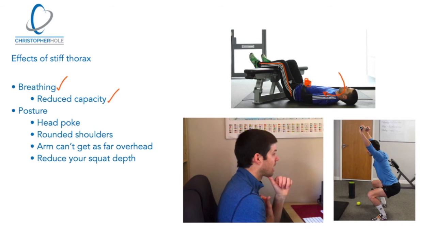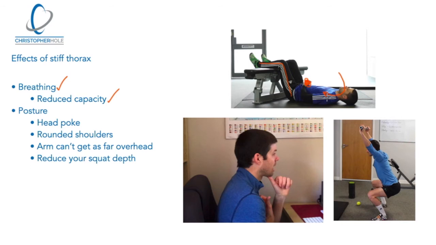If we can't expand it as far, we are going to have a reduced capacity, which is then going to have a knock-on effect to the cardiovascular system, so the heart and the lungs, and then also with regards to the muscles and the endurance and the cardiovascular capacity of the body. So it's going to affect endurance and things like that.